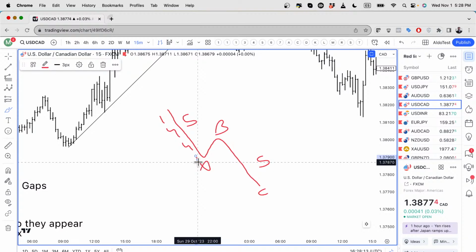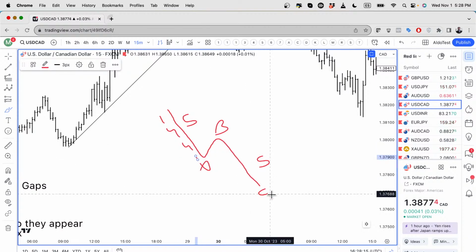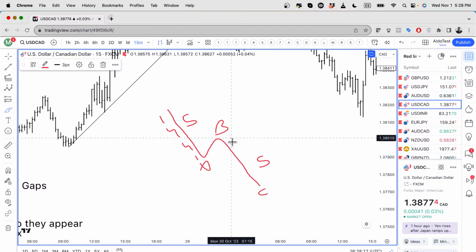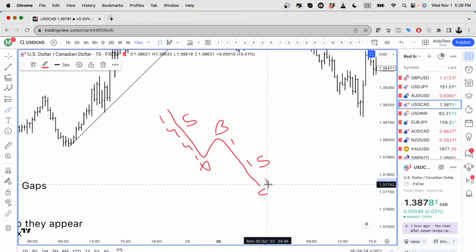Does it make sense? And the same thing, by the way, would apply to wave C. A market could gap in the first wave of wave C, could gap on the third wave of wave C, and on the fifth wave of wave C.